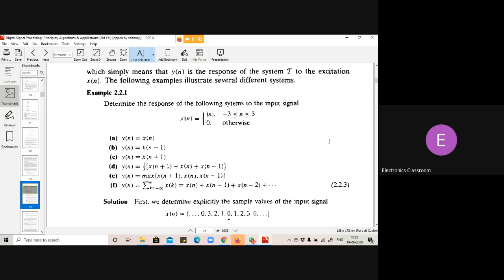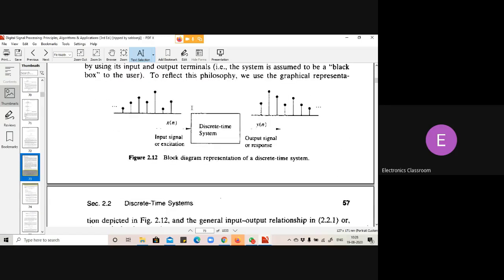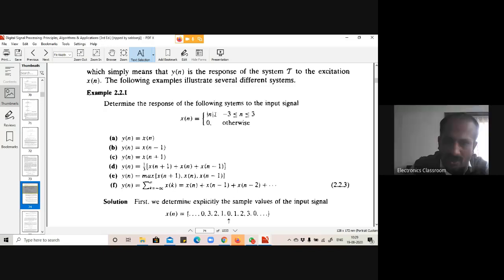Now here we have for any system, so consider our input signal x(n) is what here? x(n) is equal to magnitude of n, which is -3 to +3. It means n lies between -3 to +3, and we only take its magnitude.